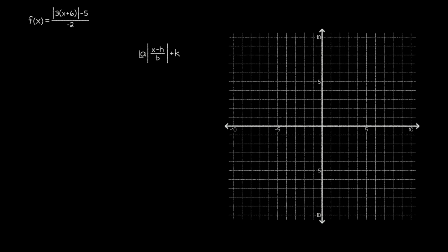Instead, we're multiplying by a. So, how can we change our division by -2 into multiplication? Well, it comes down to reciprocals. The reciprocal of -2 is -1/2, which means that dividing by -2 is the same as multiplying by -1/2. This allows us to rewrite the function this way.